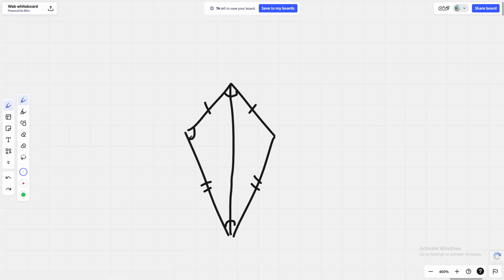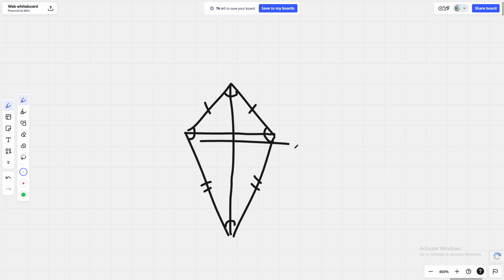Next, we have the non-vertex angles. Non-vertex angles lie between the non-congruent sides, so here and here. The non-vertex angles are not bisected, so they're just normal. And the diagonal connecting them is actually bisected by the diagonal connecting the vertex angles.